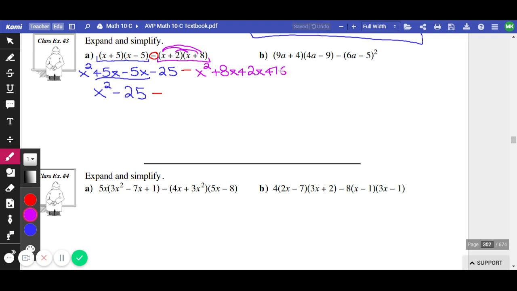I distributed that and got x squared plus 8x plus 2x plus 16. Again, I have some like terms, so it's x squared plus 10x plus 16.